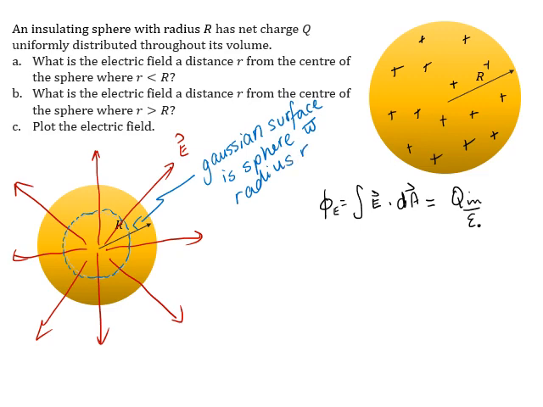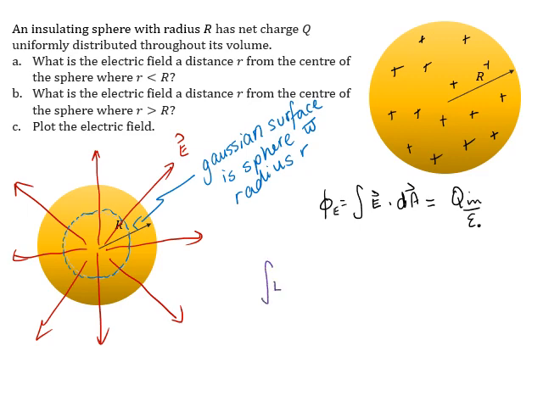Turns out our approach here is going to be suitable for if r is inside or outside, but let's work through it with r inside. So as we do our integral, we're going to want to find the integral of E dot dA. So let's write down that expression.